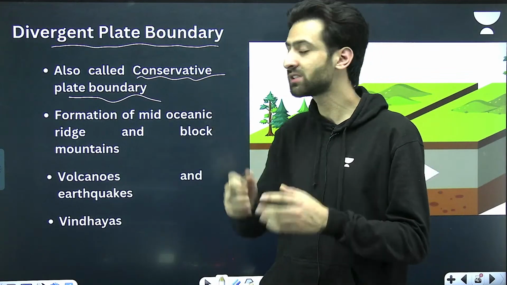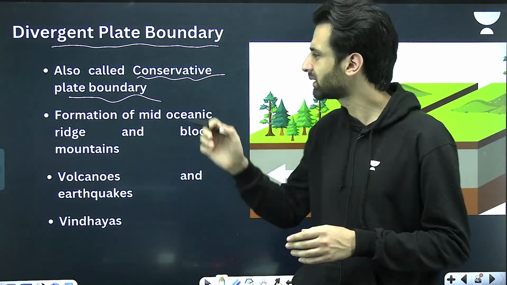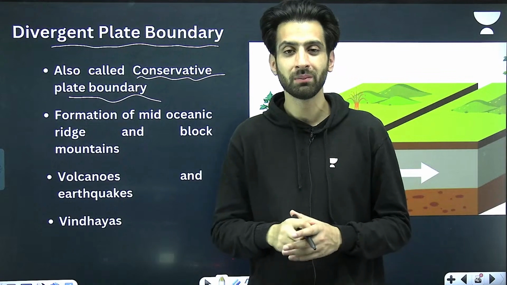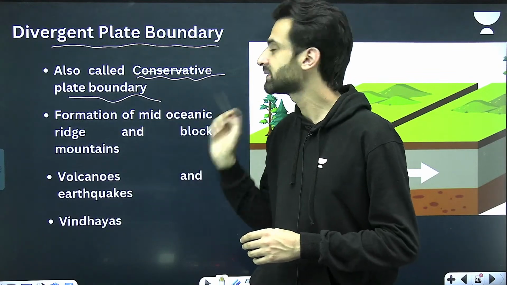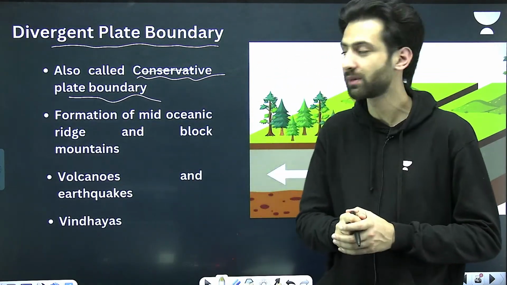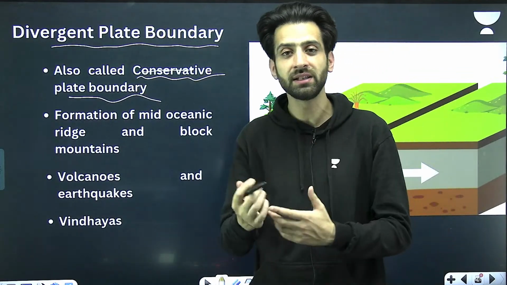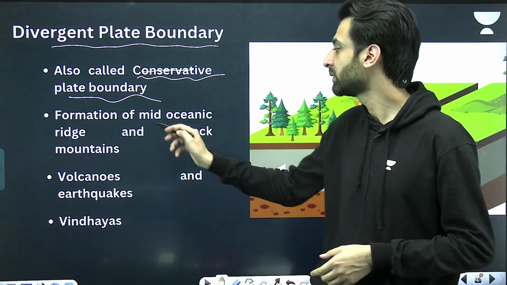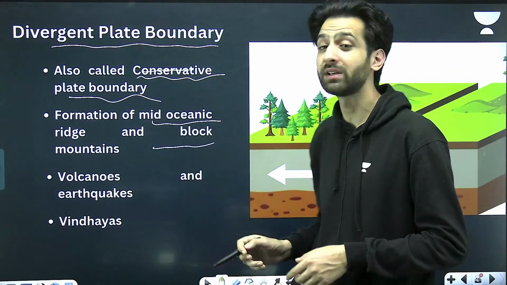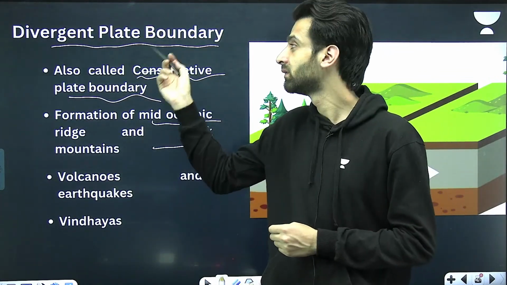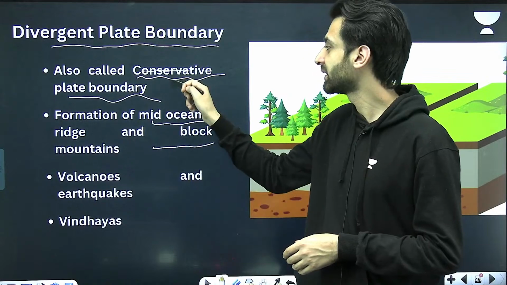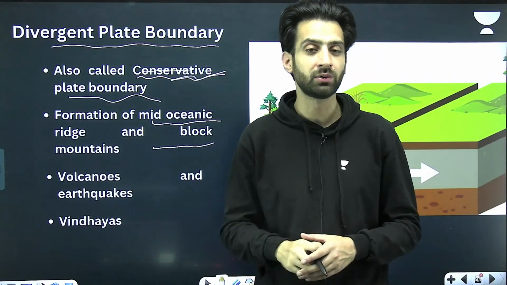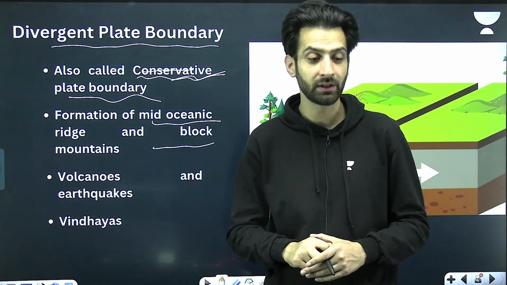But this is called, it's constructive plate boundaries, not conservative, because of the presence of the new crust that is being developed continuously. Then you have the formation of mid-oceanic ridges and block mountains that are associated with the divergent plate boundaries. Please correct it here. It's the constructive plate boundary, not the conservative.